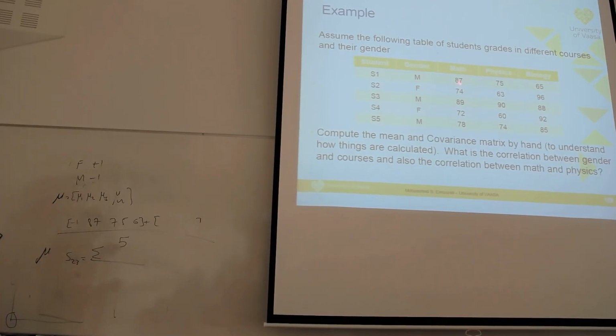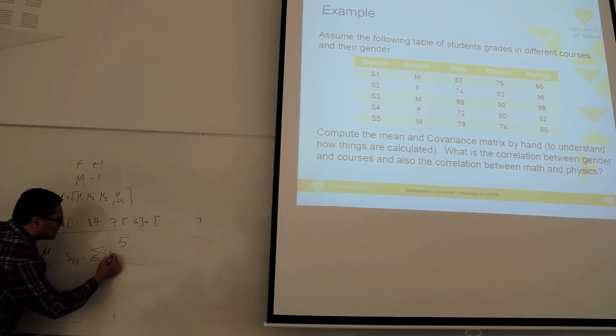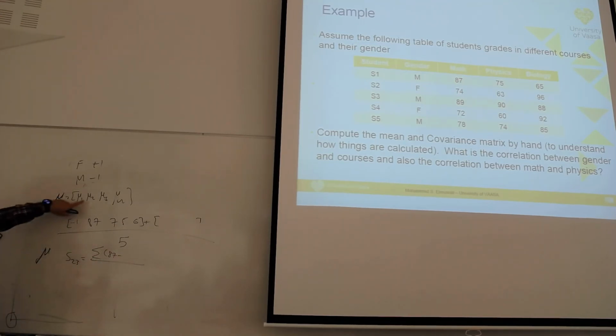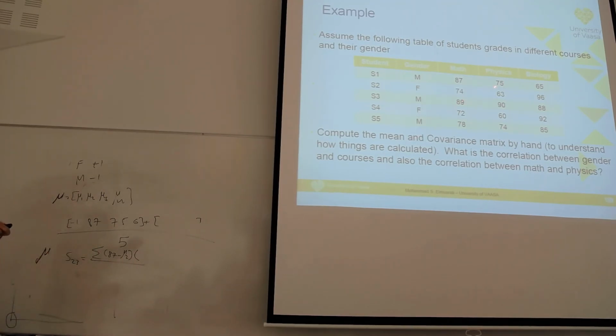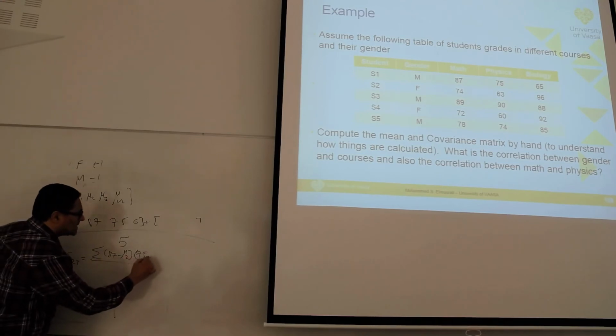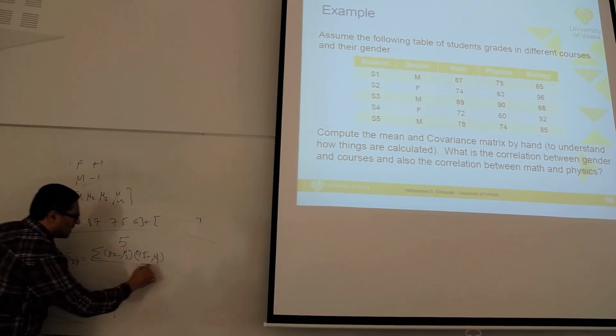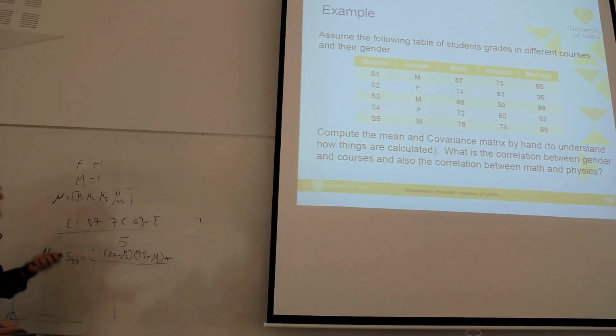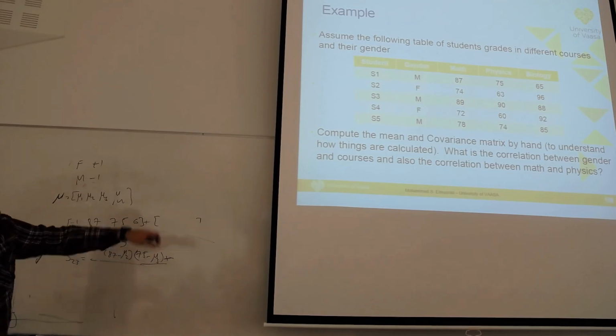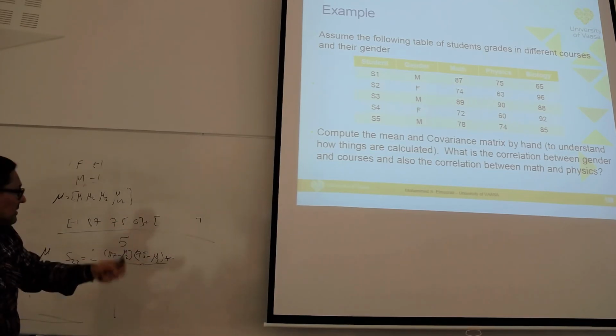For example, 87 minus the mean mu2, which we computed, times 75 minus its mean mu3, and then plus, of course. Now we take the second element. So this is the first one. The second one is 74 minus its mean times 63 minus its mean.